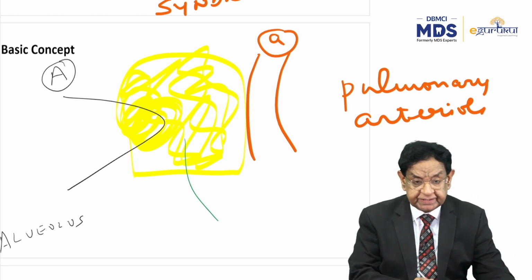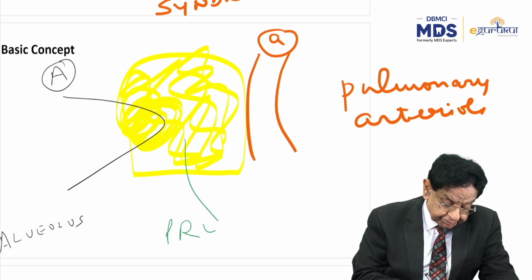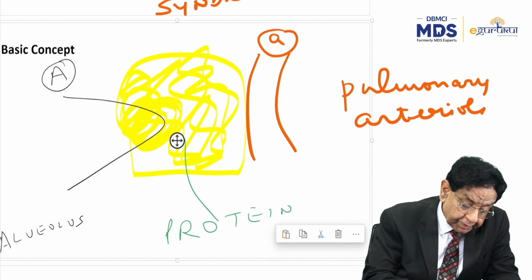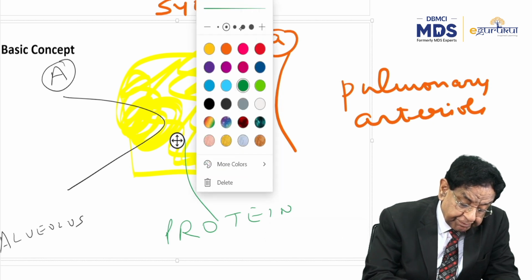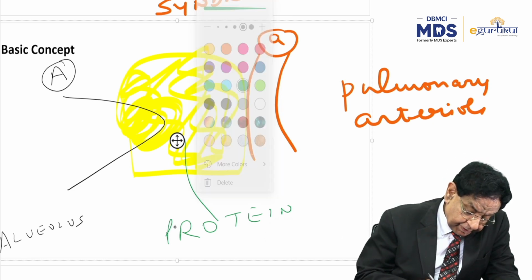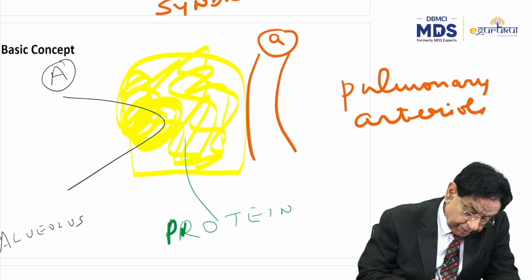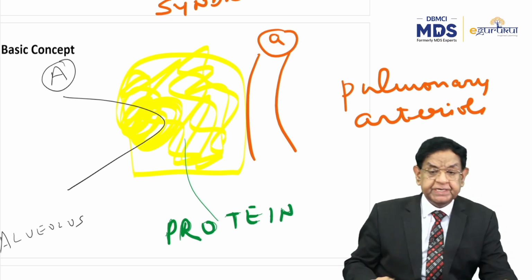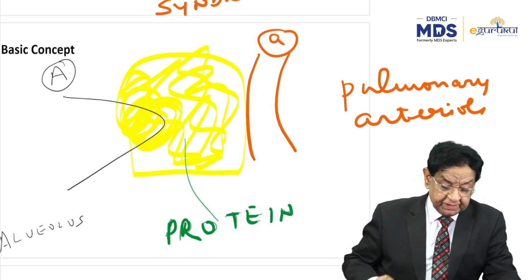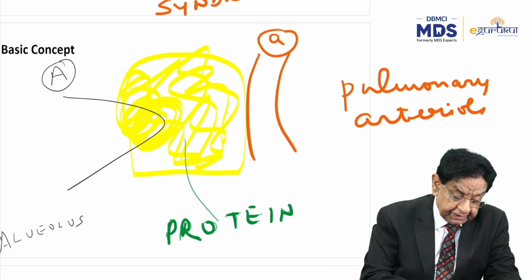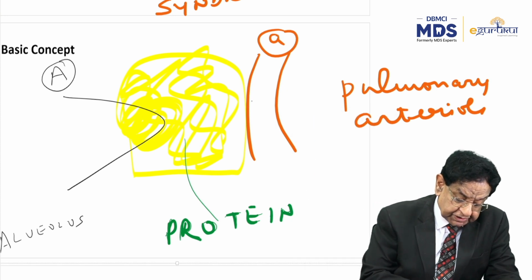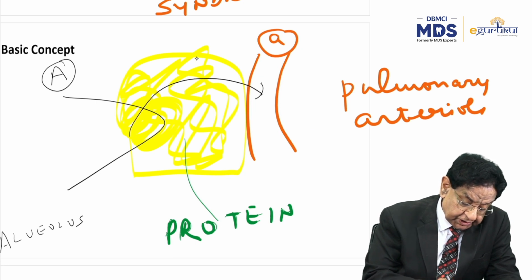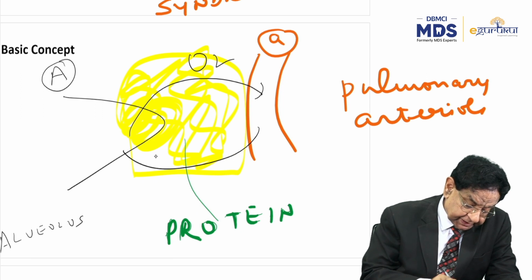The fluid is there. It is protein-rich. A protein-rich fluid accumulates in the interstitium and the alveoli. Now what will happen? This is the oxygen. Normally oxygen goes like this and CO2 comes like this.